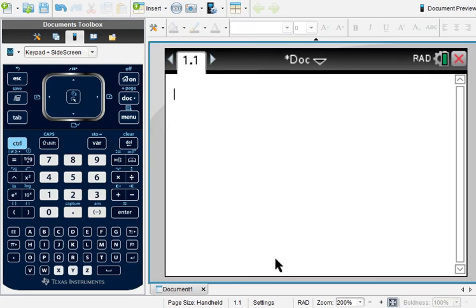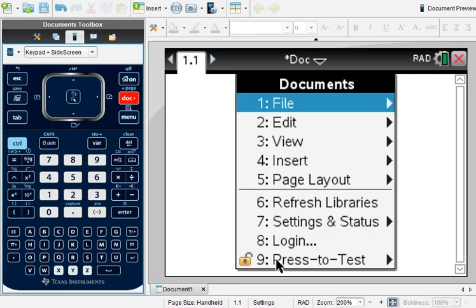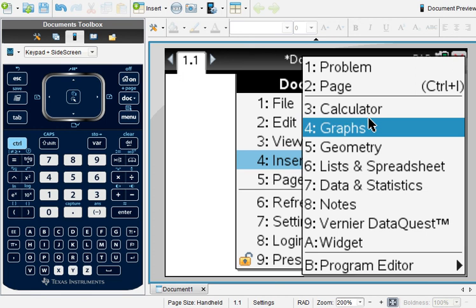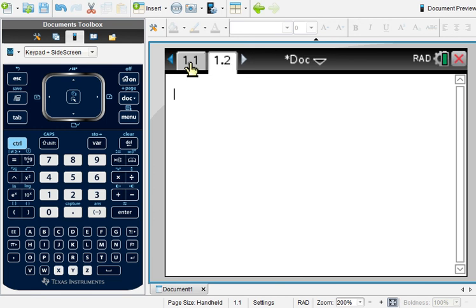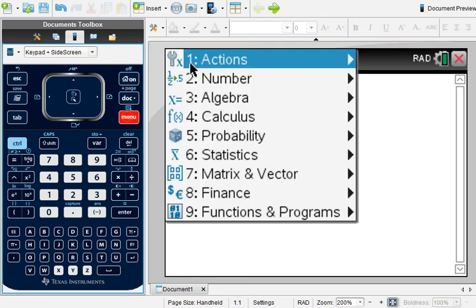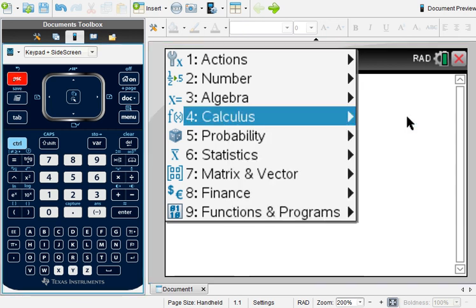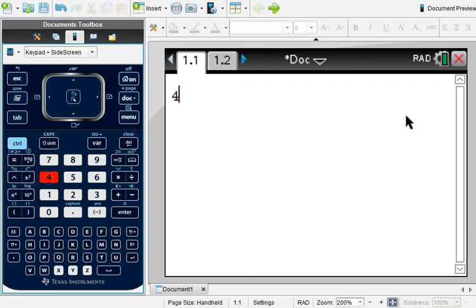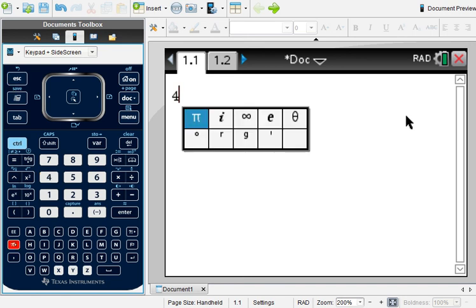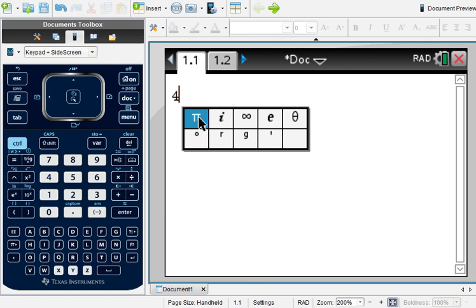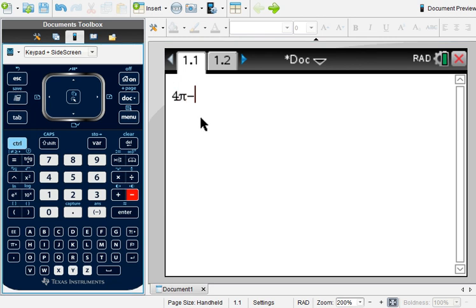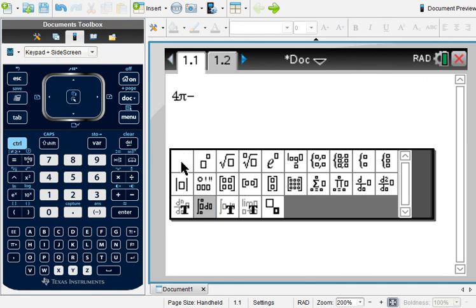it looks like it's just document, insert calculator, we already have here. And then menu, calculus. Oops, actually, let's do something before we do that. So we had 4 pi, and then minus 3 halves.